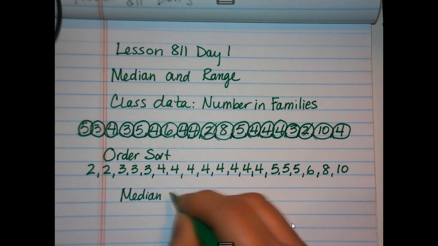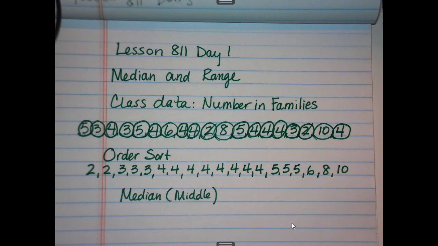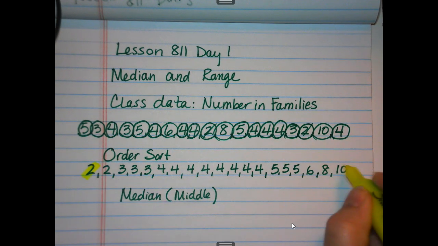All right, when I am trying to find the median, which is the middle, I like to cross off from end to end, and I do that with a highlighter so that we don't blur or smudge up things and make it hard for you to see what the data looks like. So I start here.